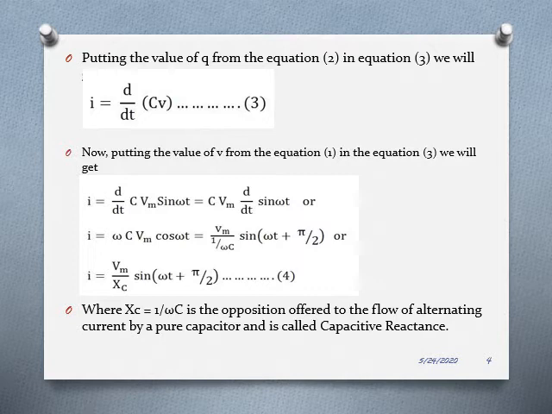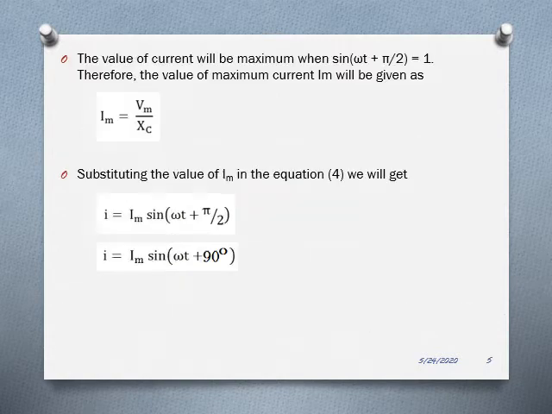Capacitive reactance is the opposition offered to the flow of alternating current by a pure capacitor. Now from the equation of the instantaneous value of current I, which is equal to Vm by Xc sin omega t plus pi by 2, it also shows that the current leads the voltage by an angle of 90 degree or pi by 2 radians.